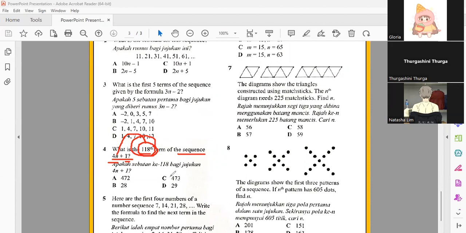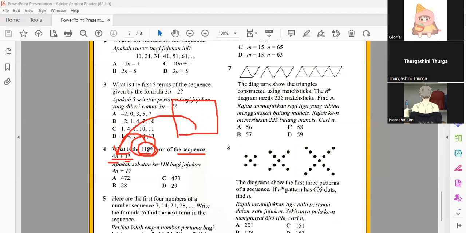Thank you for your answer. How about the rest? You can actually attempt and do these questions quite well already. When they ask you for whatever term, you put that value into your n or whatever unknown.